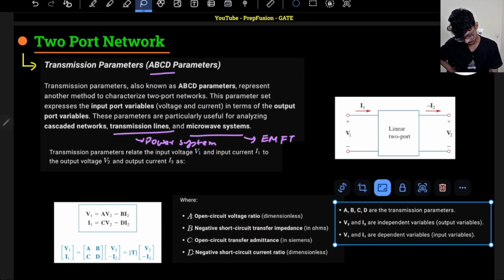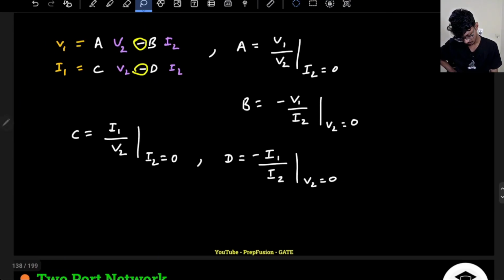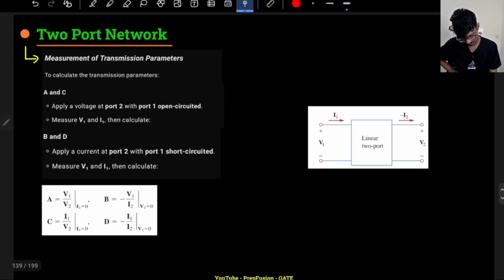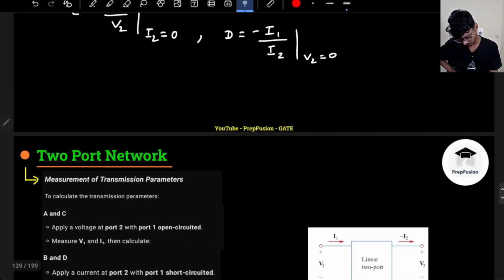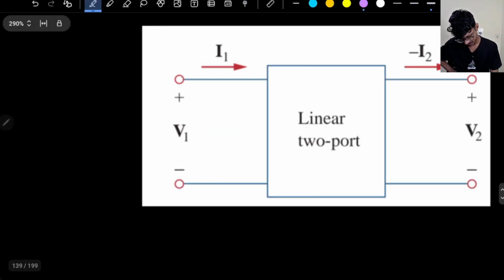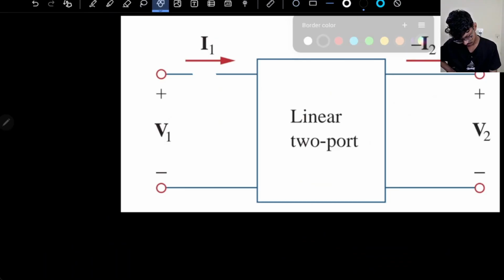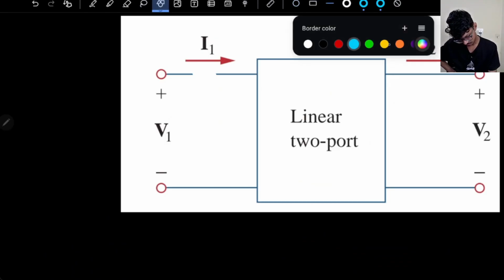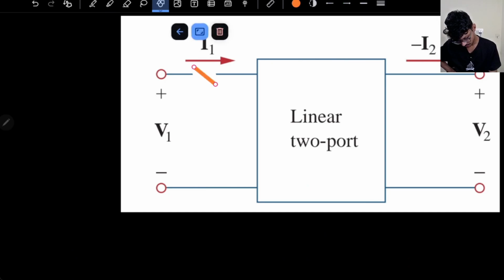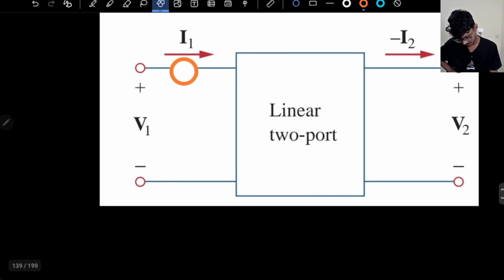For A and C, we have to make the current zero, so this side will be open circuited, and we have to measure the voltages V1 and V2 and the current I1. Here there will be an ammeter, and there will be a voltmeter here and a voltmeter here.